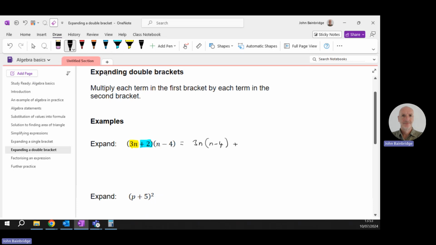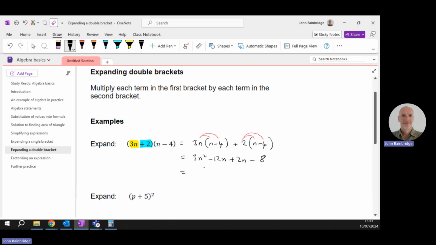So then we do the plus 2 times the n minus 4. And then that looks like the brackets we've just done in the previous section. So we do 3n times n, 3n times minus 4, 2 times n, and 2 times minus 4. So that gives us 3n squared minus 12n plus 2n minus 8.